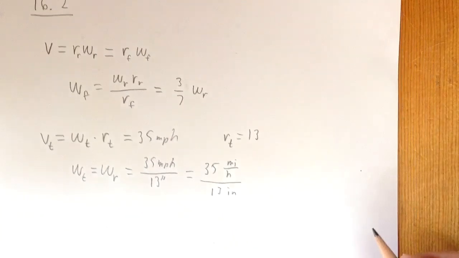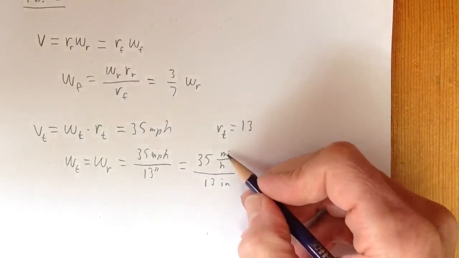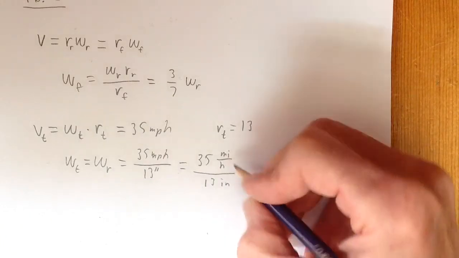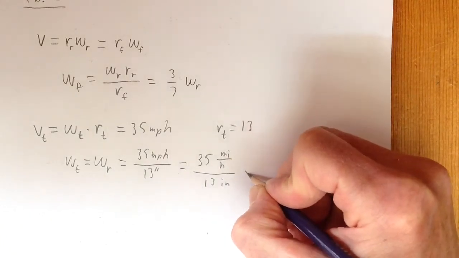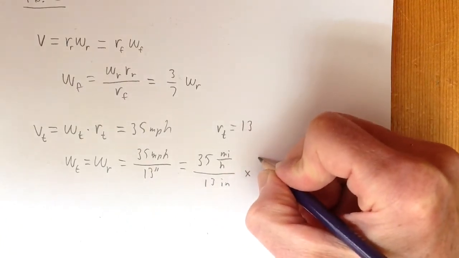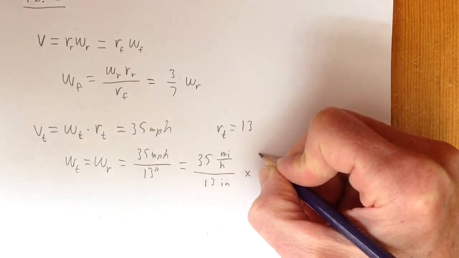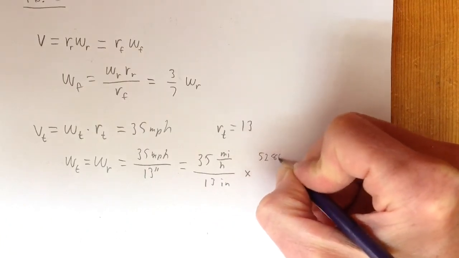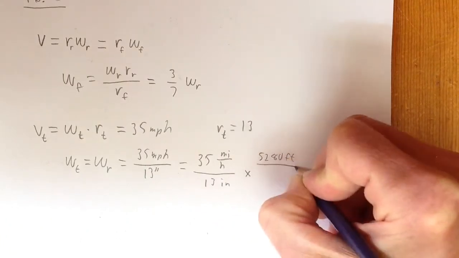Now we need to write miles in terms of inches, then we can cancel the inches on the bottom. 1 mile is 5,280 feet, so 5,280 feet per mile.